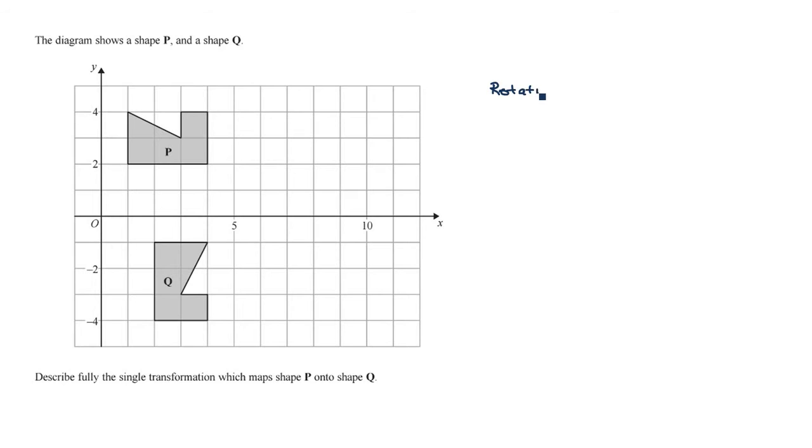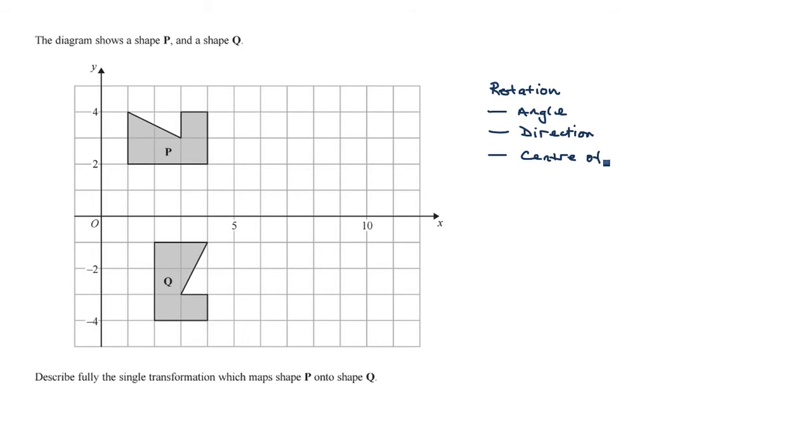So pretty straightforward question then. But let's just squeeze some interest out of it. So for a start, important to note that we need to describe three parameters. So the angle, the direction of the rotation, and we need to check as well the centre of rotation.